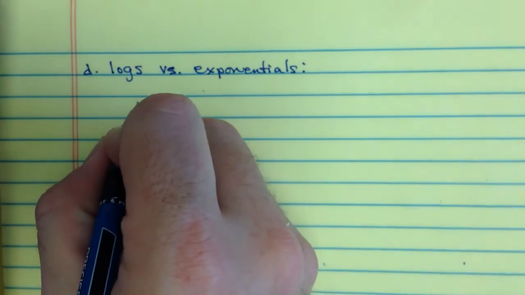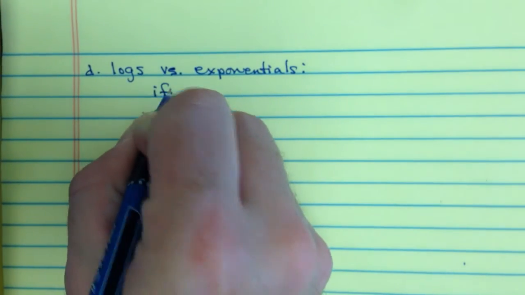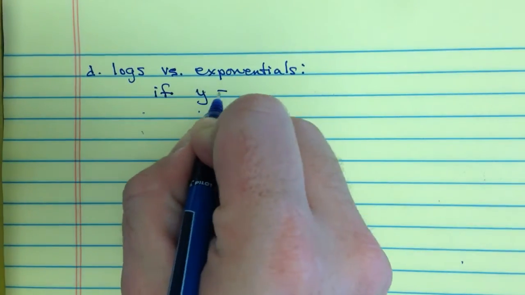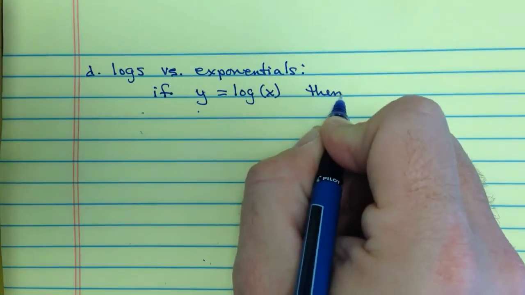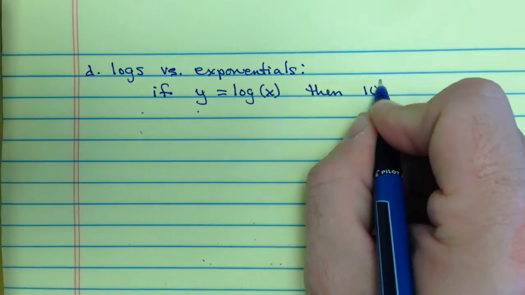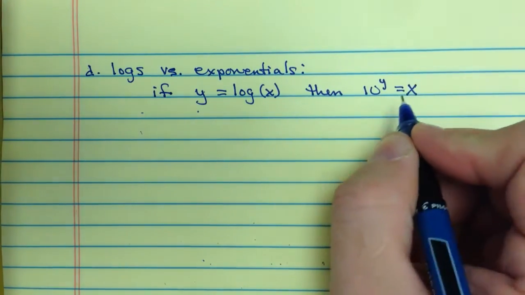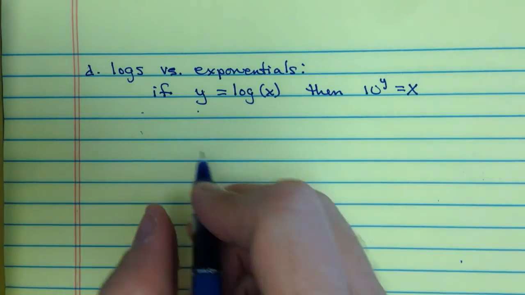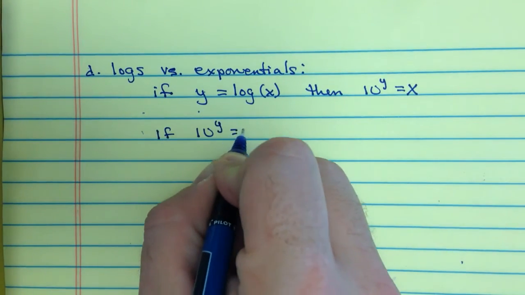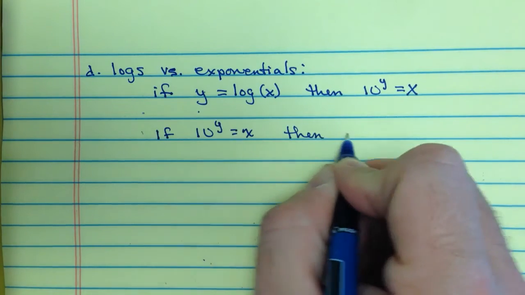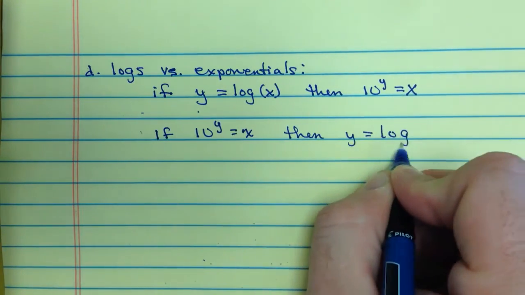So if y equals log of x, then 10 to the y equals x. If 10 to the y equals x, then y equals log of x. So it works both ways.